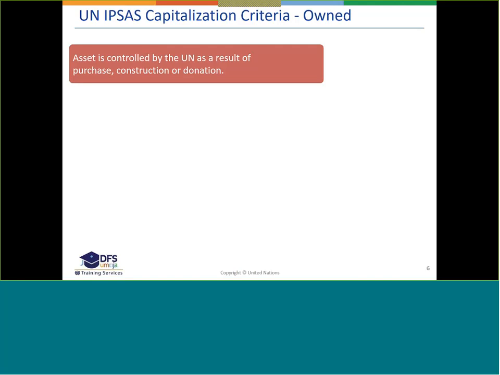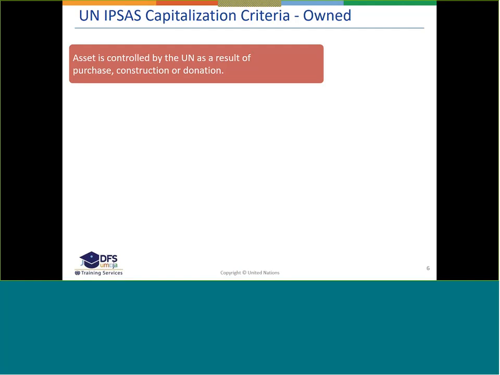It does not necessarily mean that if the fixed asset has not been purchased, it is not a fixed asset of the UN, so we don't need to record it. In other words, if we purchase an asset and we get control of the asset, it's a fixed asset that has to be in our books. If we construct the asset, it has to be in our books. But even if we are not acquiring it, but we have it as a result of a donation, or even if we have a finance lease, as long as the asset meets all the capitalization criteria, it should be in the system.